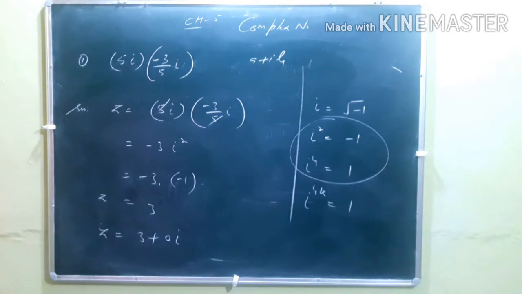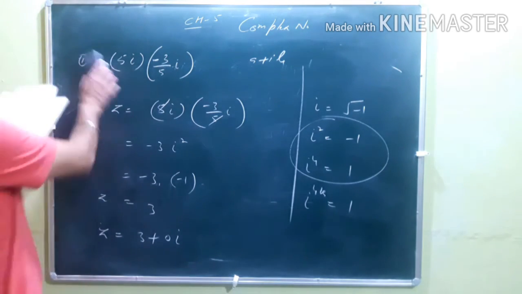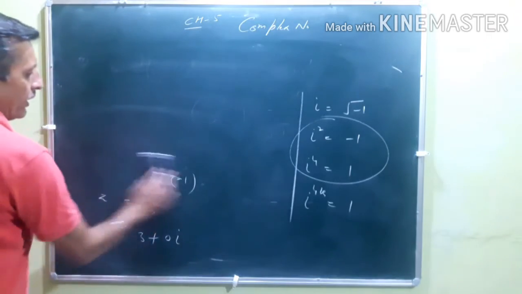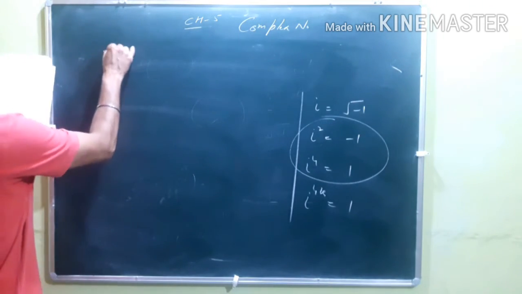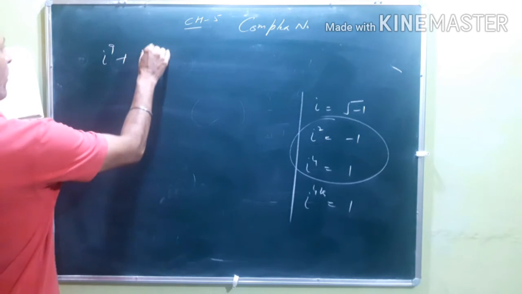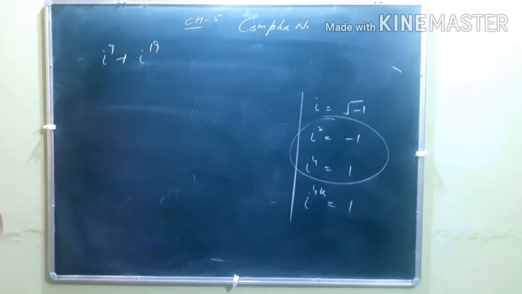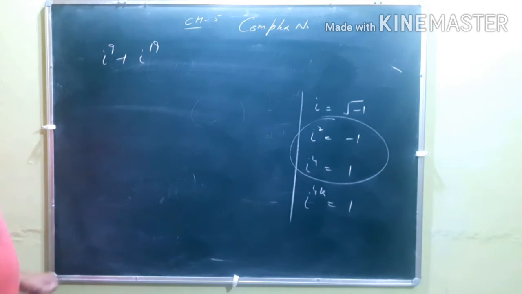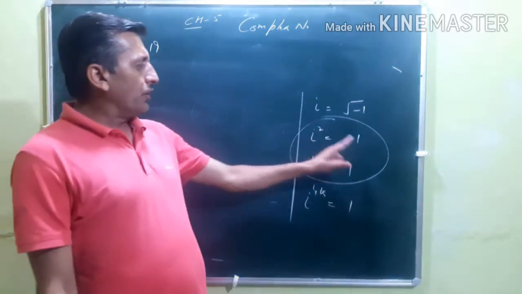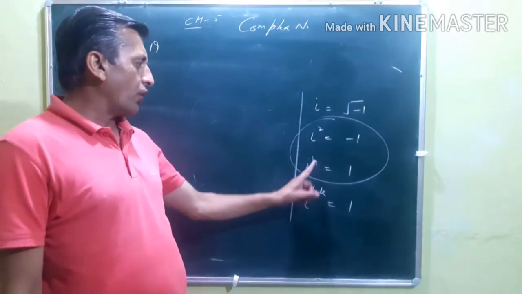I am taking one more part. In the second part, it says iota raised to power 9 plus iota to power 19. We have to solve this and again write it in the form A plus iota B. As you know, iota square is equal to minus 1, or otherwise iota to the power 4 is equal to 1.